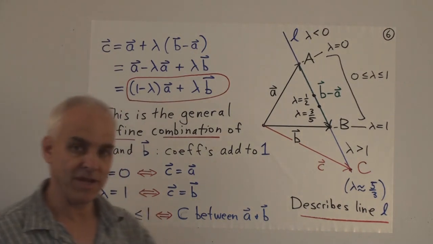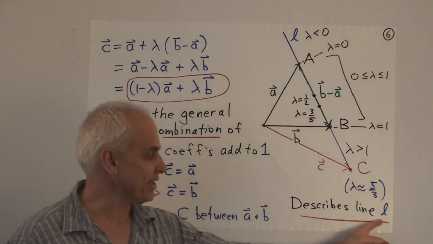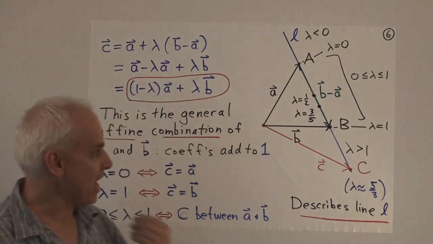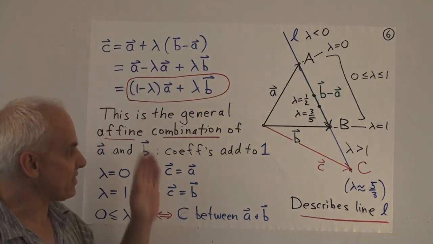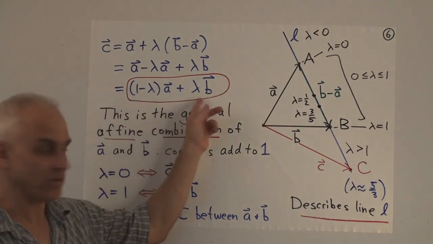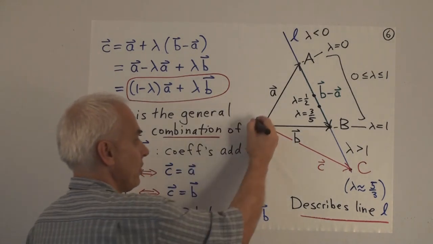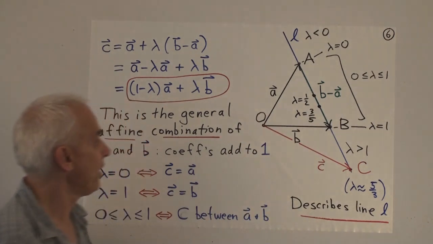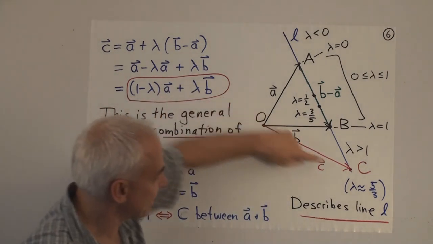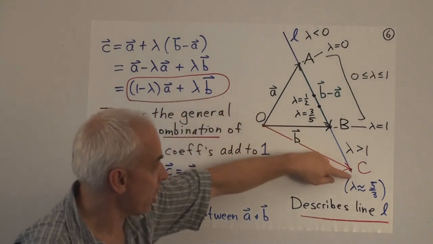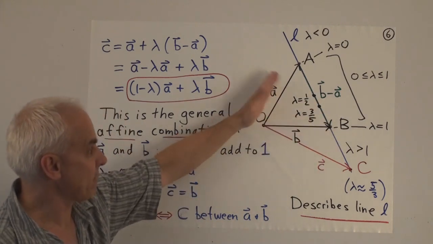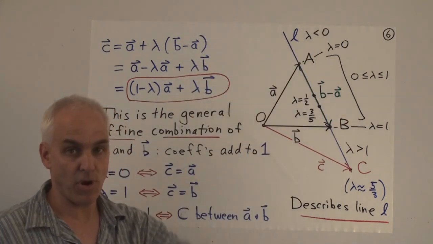So what we have here is a way of describing this line L. We can now think of L as being described by this family of vectors, all emanating from our observation point. I should call it O here. Here's our observation point. In terms of the vector C joining O to an arbitrary point. And as lambda varies, we can get any point on this line.